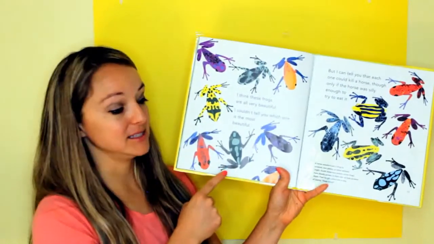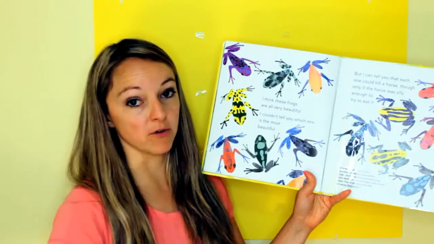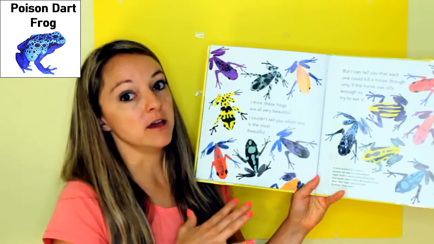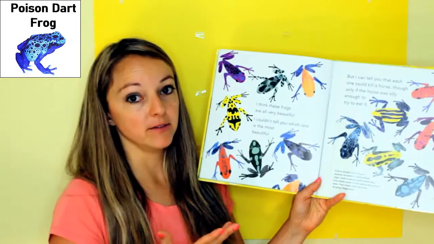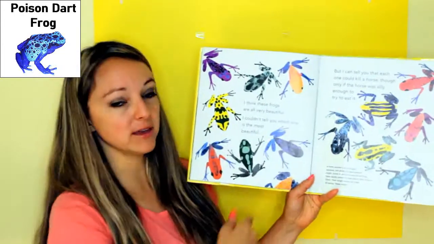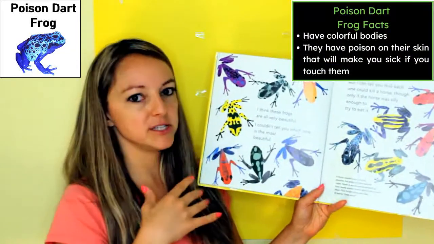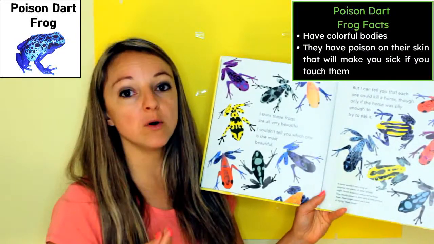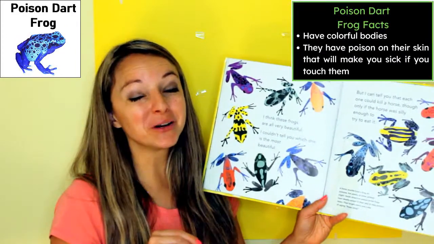These little guys are called poison dart frogs. These are very dangerous. They're very colorful and really cool to look at, but don't touch them because on their skin they have what's called poison, that if you touch it, it will make you really sick.